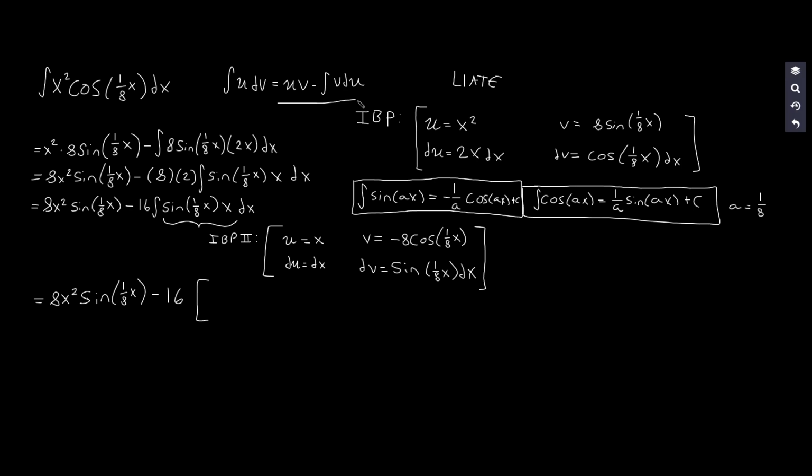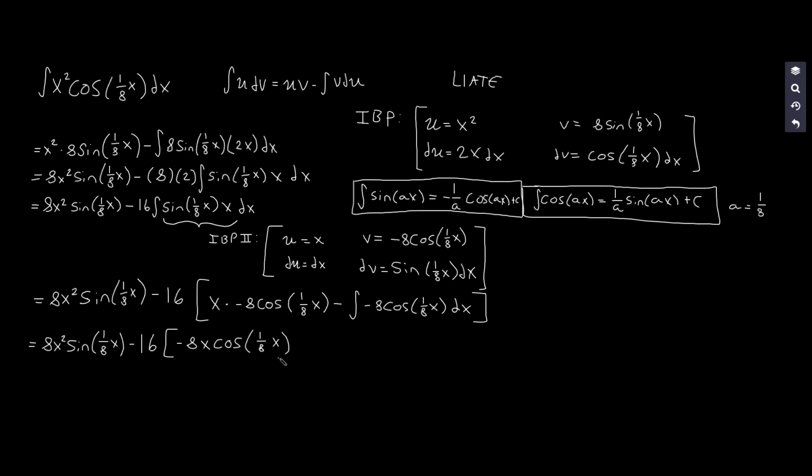So we're going to set this up using our formula: u times v minus the integral of v du. And with this, I'm going to factor out that 8, and this is going to become plus 8 times the indefinite integral of cosine of 1 over 8 times x, integration with respect to x.